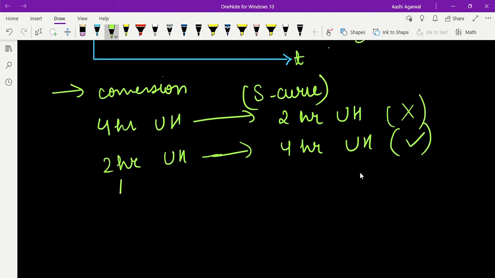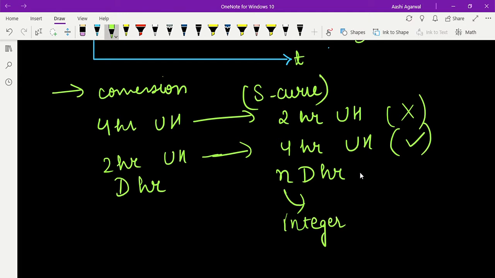That means from D hour I can only generate nD hour, where n is an integer. It cannot be a fraction, whereas you see here it is a fraction, 1 by 2. Here it is 2. So there are two ways; this is the method of superposition.